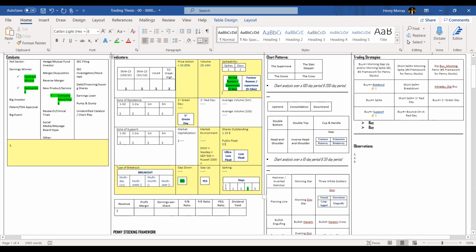Moving on down, you want to determine where in the price and pattern of the chart the stock is. It's important to determine: is this the first day of spiking?